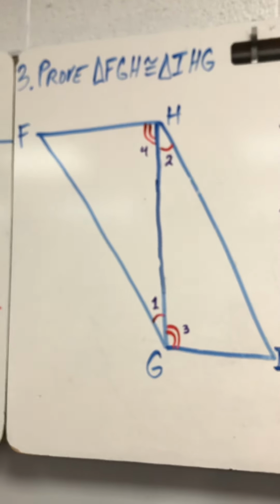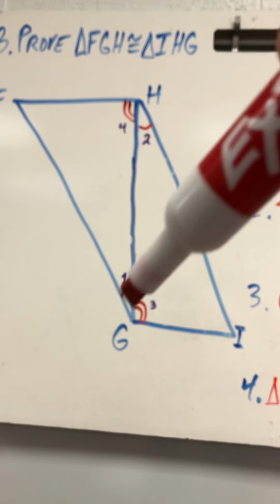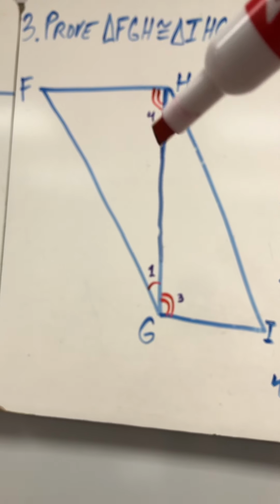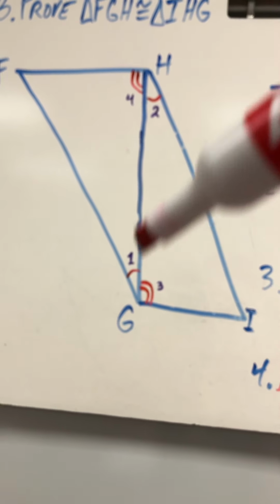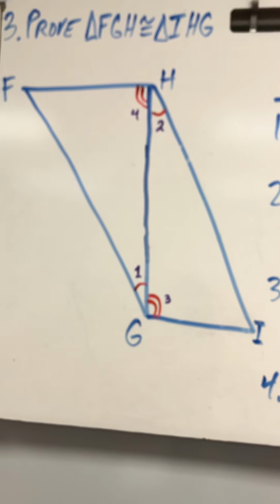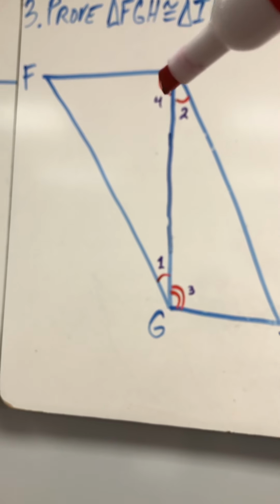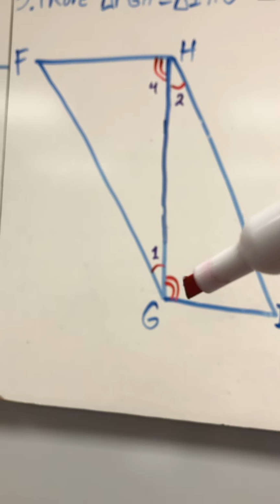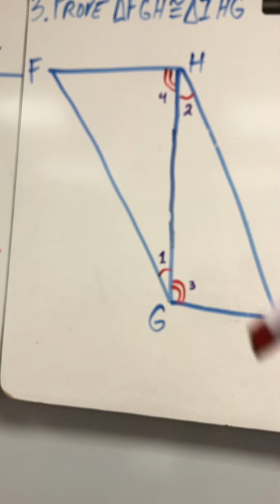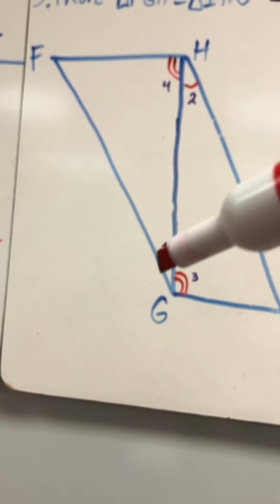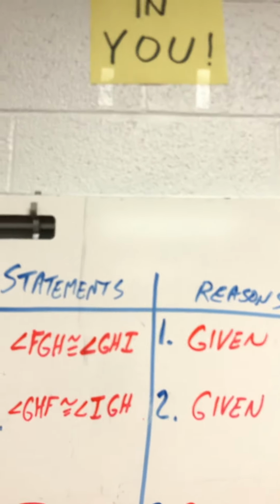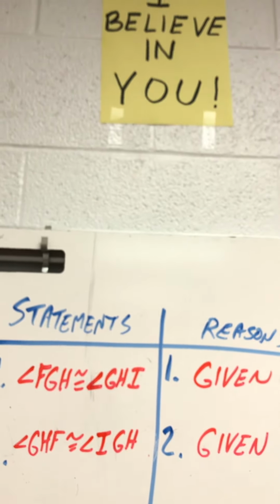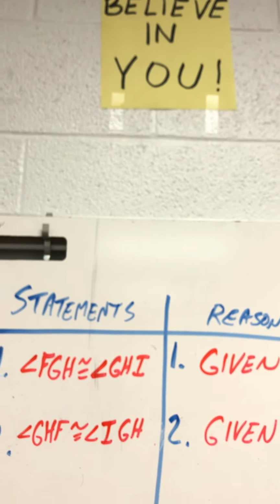I'm also going to say that GHF, or angle 4, is congruent to IGH, or angle 3. See how the two marks and the two marks, the double mark and double mark. Angle 1 and 2 have a single mark, right? Okay, so GHF congruent to IGH, that's also given, okay?